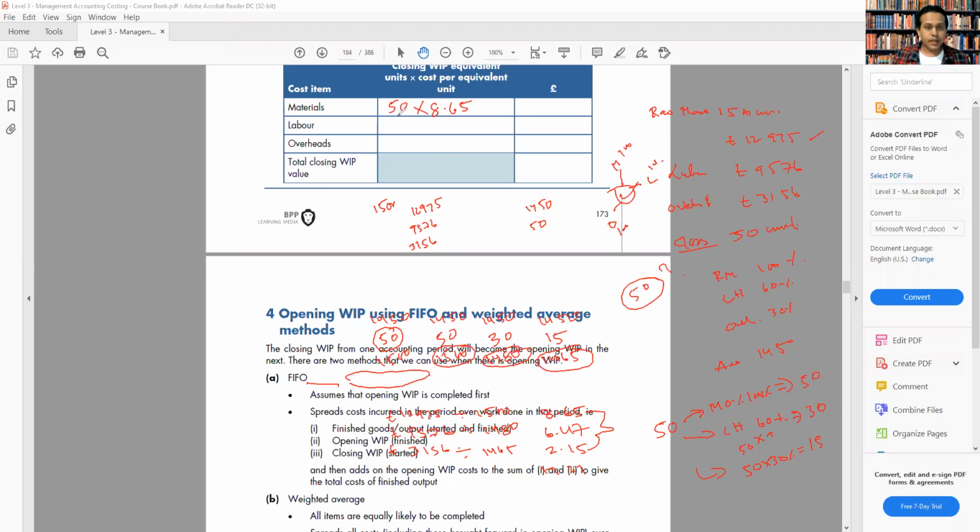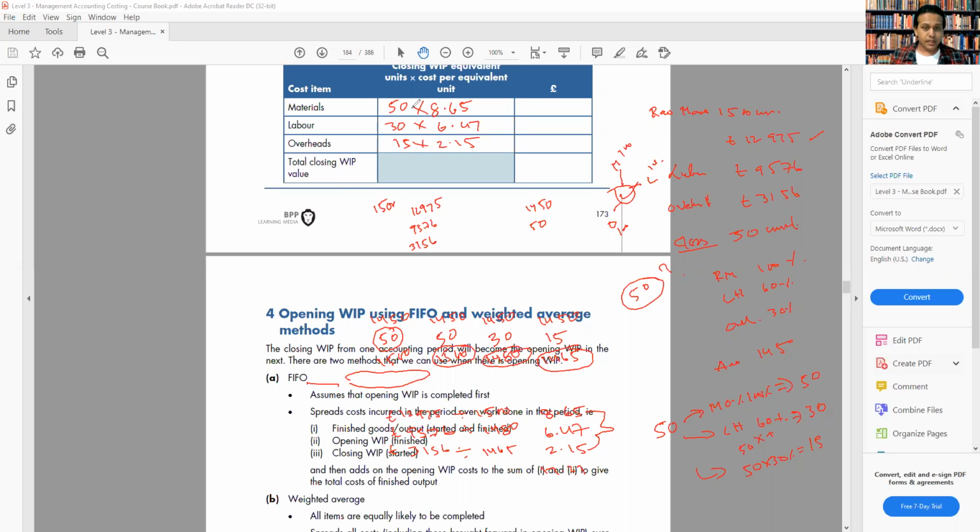Then the labor we have 30 times per equivalent unit was 6.47, and the overhead it was 15 times per equivalent unit was 2.15, and that will give me the total value of the closing inventory.